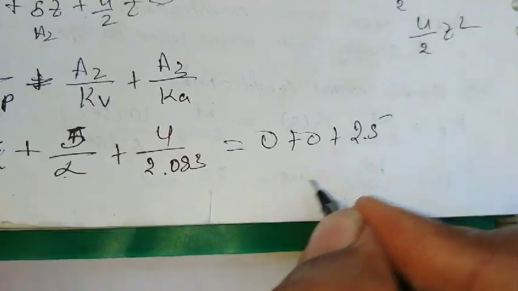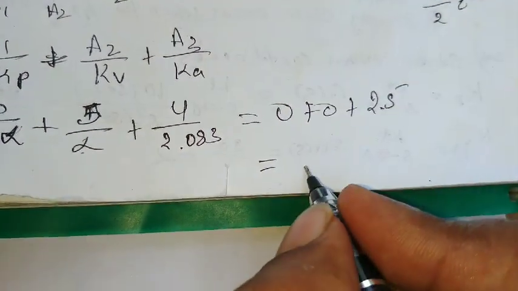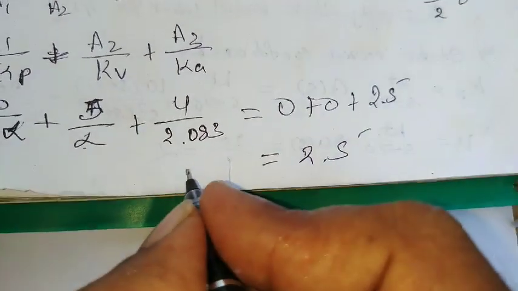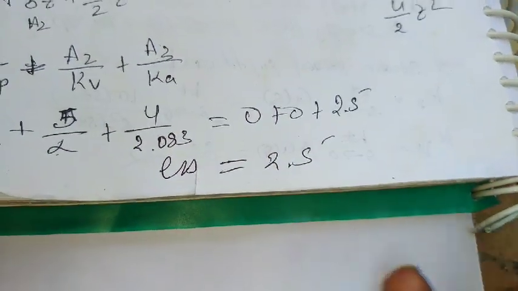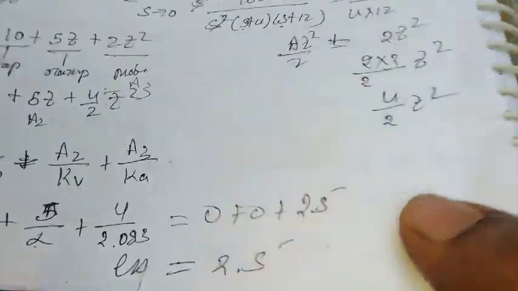So the steady state error ESS is approximately 2.5. So this is one of the problems.